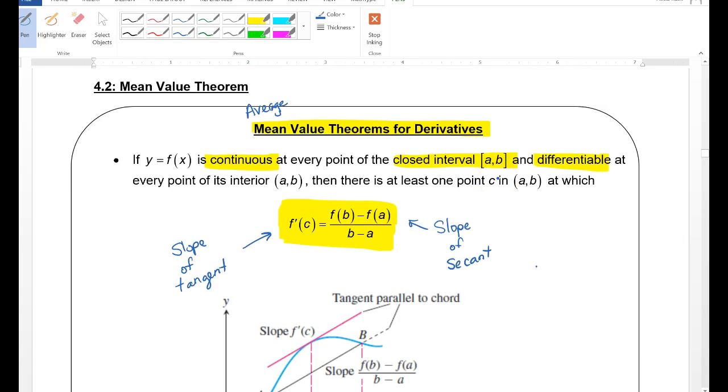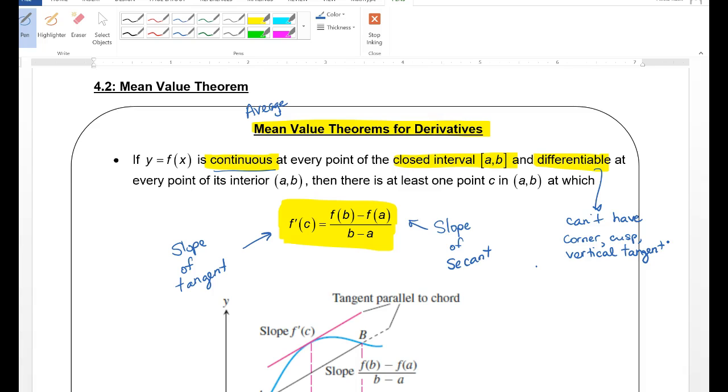It has to be continuous, which is already stated there, but it can't have what? There are 3 other places where you can't have something differentiable. Corner, cusp, vertical tangent. If it has one of those things, then we cannot apply the mean value theorem.